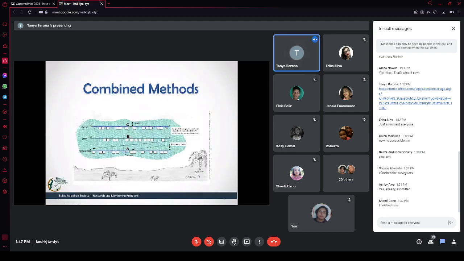Let me skip forward. In looking at a combined method approach, you have a transect and a quadrat. By knowing the length of your transect, which for example would be 50 meters, and knowing the size of your quadrat, which may be 1 meter by 1 meter, you're able to then average the percent cover for each quadrat.